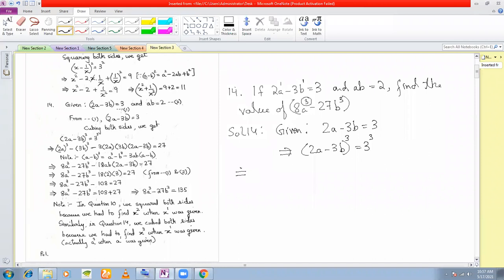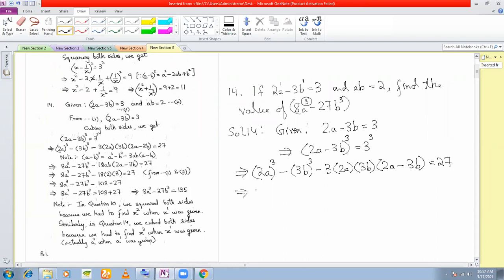Now we are going to expand by a minus b whole cube formula, which is a cube minus b cube minus thrice ab into a minus b is equal to 27.